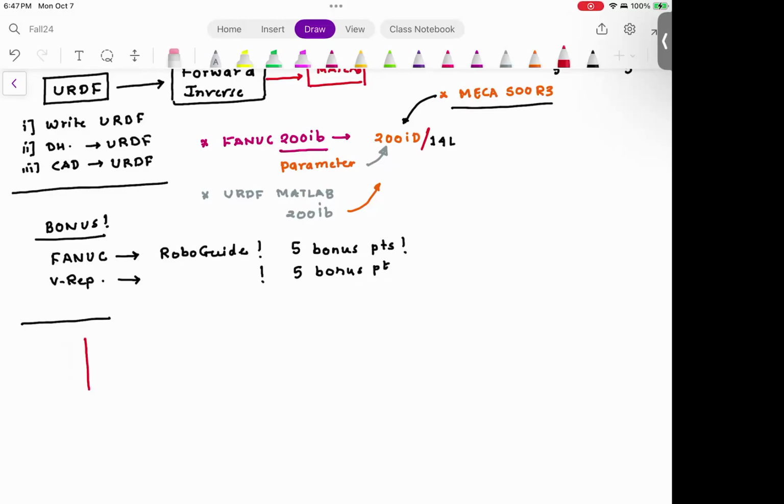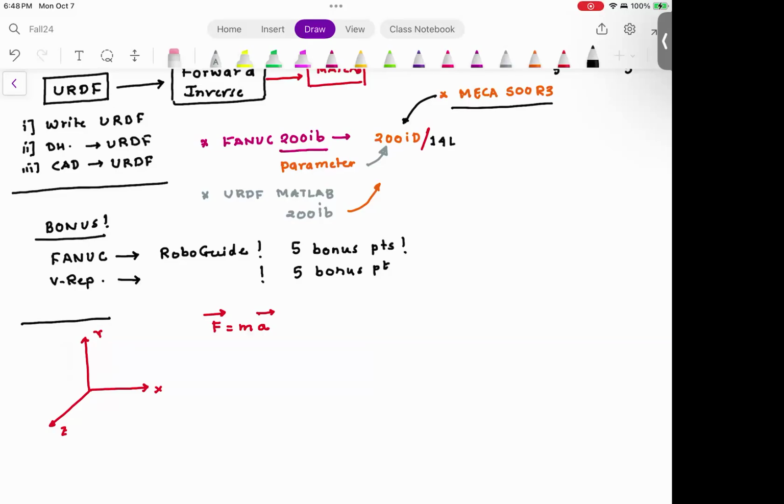Let's start with a coordinate system. You have X, Y, Z. Newton's second law states that force is equal to mass times acceleration. Force is a vector. Acceleration is a vector. Mass is a scalar, which means force has magnitude and direction.